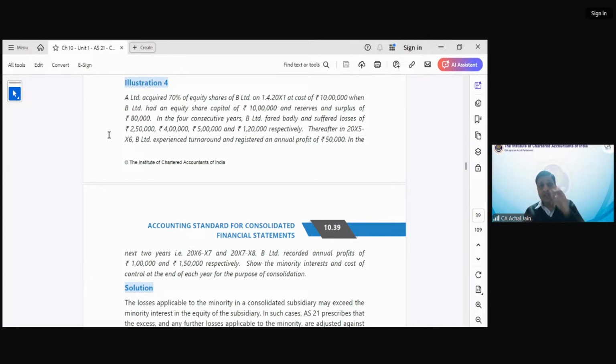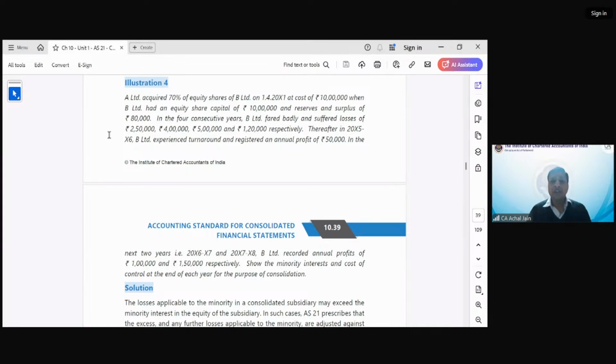Thereafter, in X5, X6, so it appears to be the 5th year. You have X1, X2 first year, X2, X3, X3, X4, X4, X5. So X5, X6 is the 5th year.